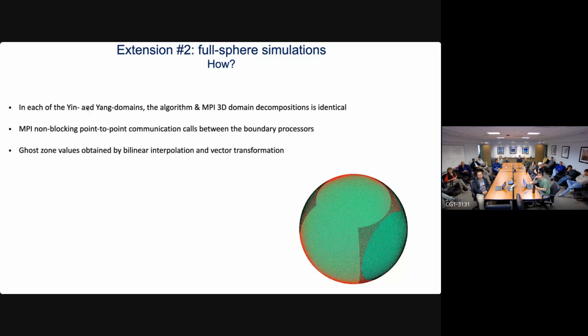For the implementation, we have the same algorithm and MPI three-dimensional domain decomposition for each Yin and Yang domain. We use MPI point-to-point communication between the boundary processors, and we obtain the ghost zone values by bilinear interpolation and vector transformation.